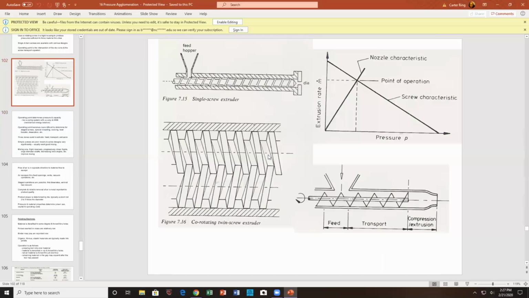Now, if I was looking at this, I have a feed hopper here, and I want to actually mix. I want to put 3 or 4 things in here, and then extrude it. But I know a single screw extruder is a lousy mixer.